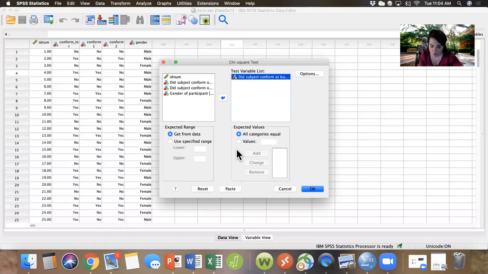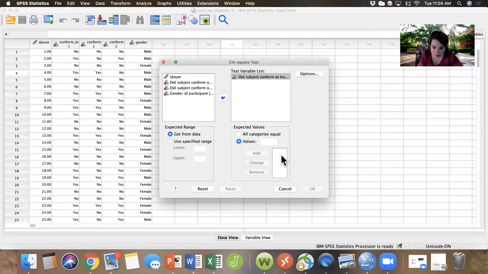So instead of telling SPSS that the null hypothesis is that all levels of the category are equal, which would mean 50% of our sample conformed and 50% didn't conform, which isn't what Asch found.